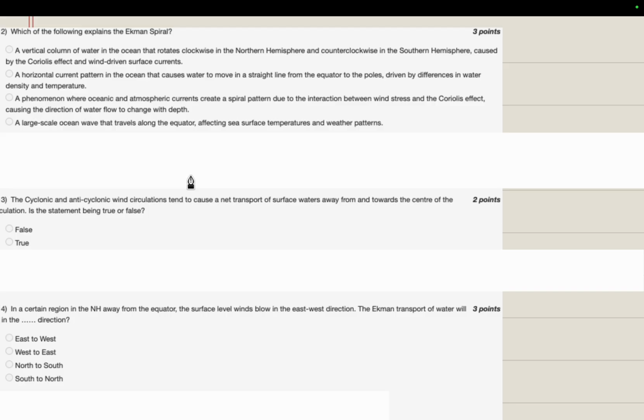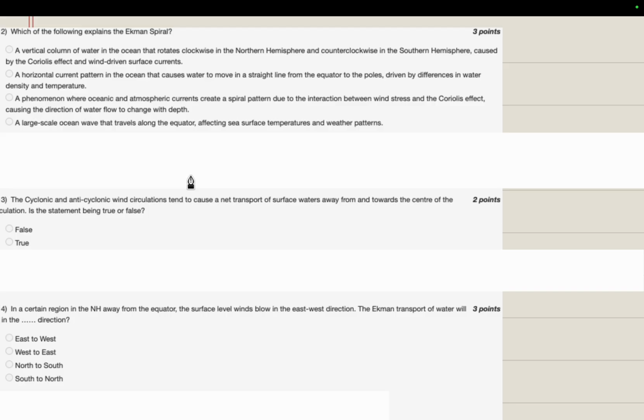Option C: a phenomenon where the oceanic and atmospheric currents create a spiral pattern due to interaction between wind stress and the Coriolis effect, causing the direction of water flow to change with depth. Option D: a large scale ocean wave that travels along the equator, affecting sea surface temperature and weather patterns.